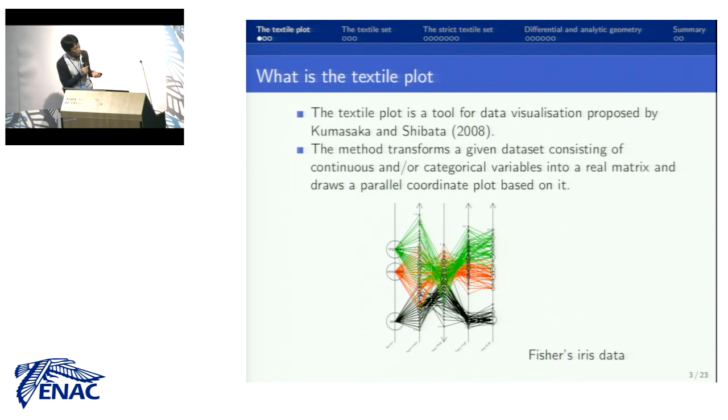In the following figure, which is the famous Fisher's iris data, the data consists of 150 cases and 5 variables.